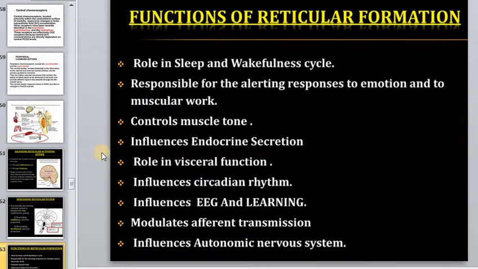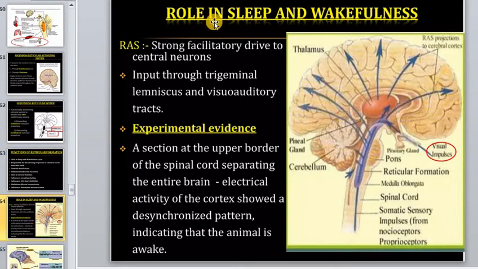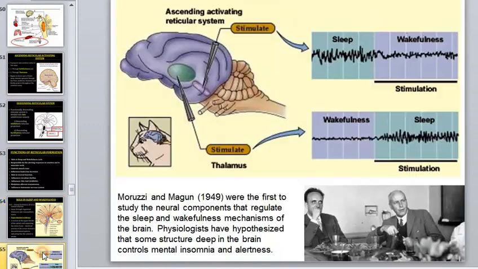And here we see the off function, and we will move on and use this slide, and we will start the first role of the reticular formation, its role in sleep and wakefulness. You see this function of the reticular formation of the brain, a strong facilitatory drive to the central nerves, input through the tegmental area, visual and auditory tracts, and in an experiment we see this.